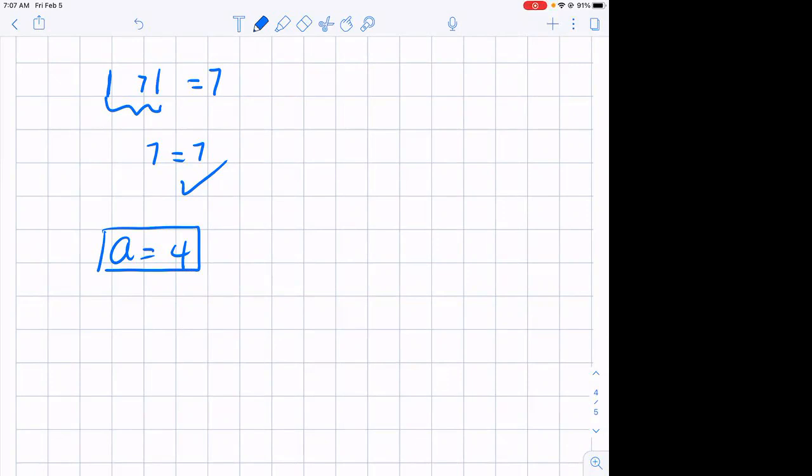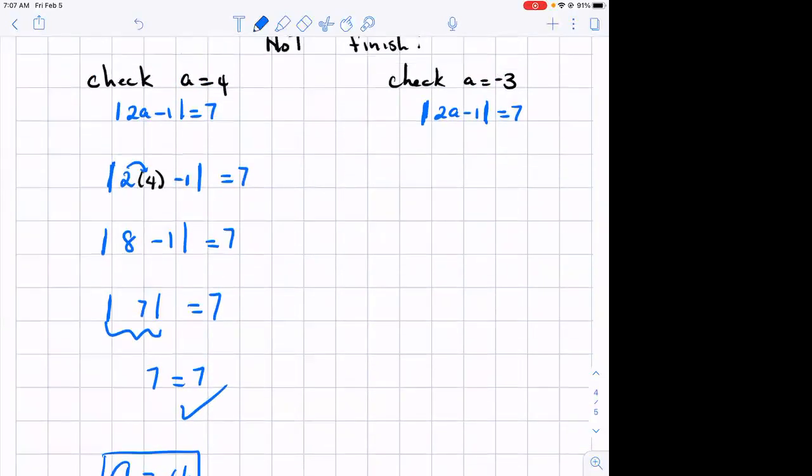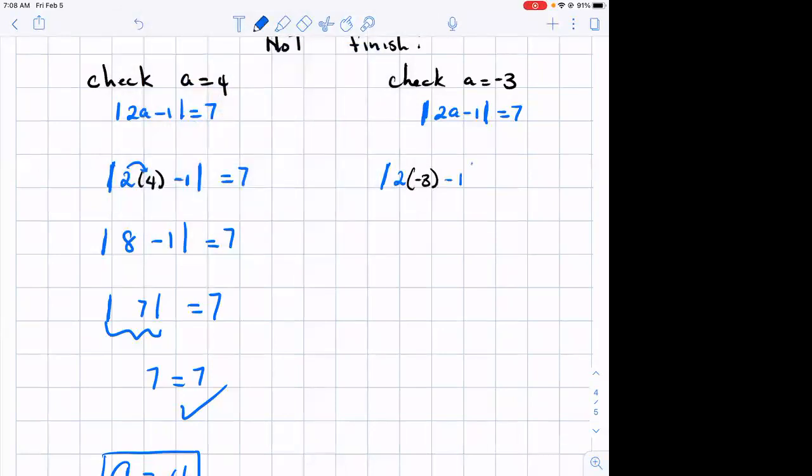So let's check now our other possible answer. We have the absolute value of 2, and in this case, a is -3. So 2 times -3 becomes -6 minus 1, absolute value of that. -6 minus 1 is -7.